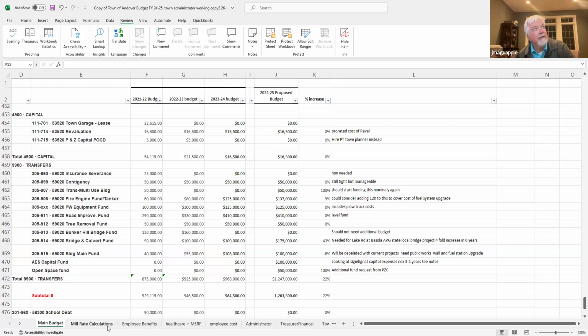So on the capital funds, which is a $275,000 increase, there's $50,000, and Eric, tell us what's in the $50,000 for the multi-use building. What is your anticipation for that? So my anticipation is two things.